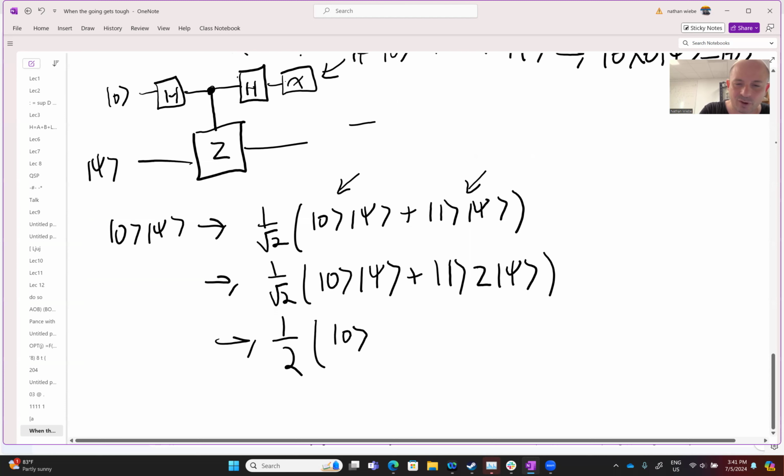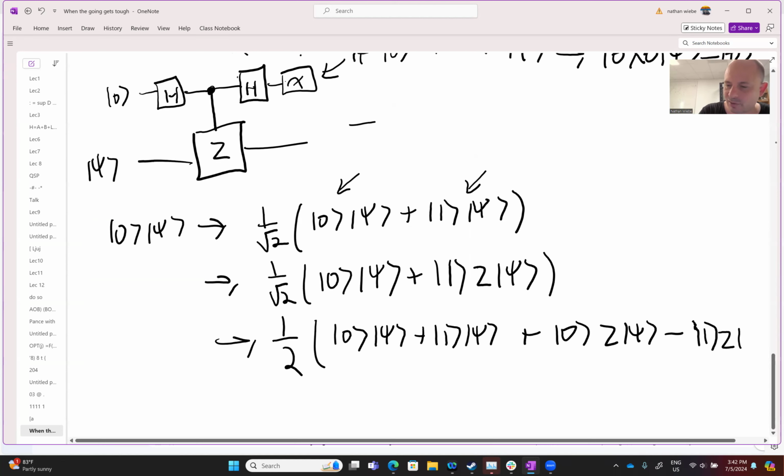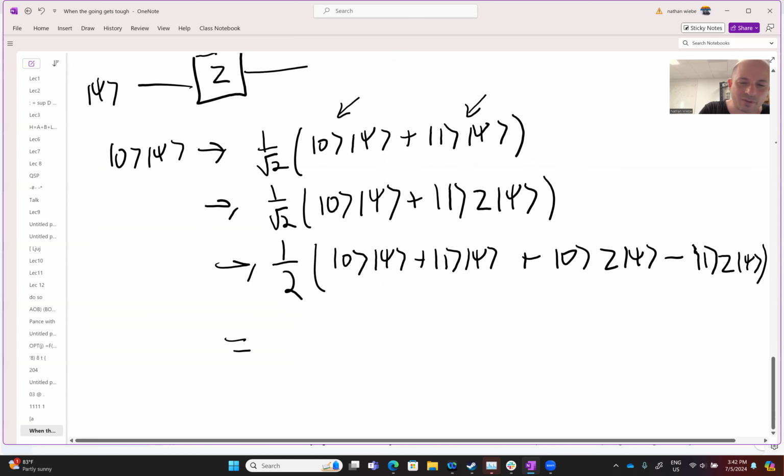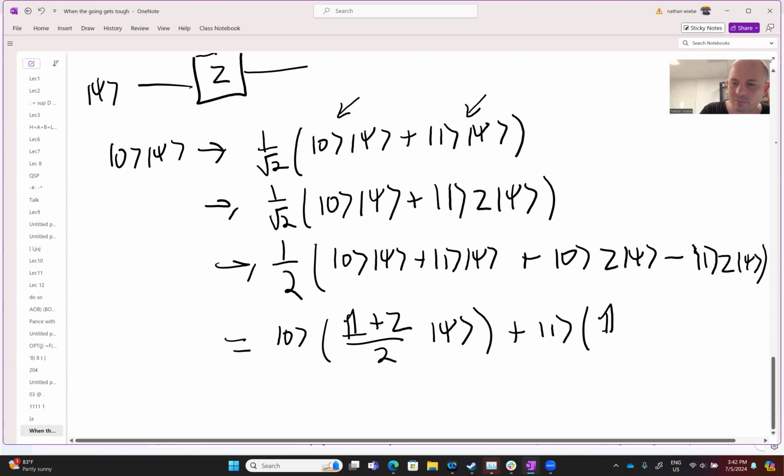We'll have |0⟩|psi⟩ plus |1⟩|psi⟩ plus |0⟩Z|psi⟩ minus |1⟩Z|psi⟩. Okay, regrouping everything, we end up getting that this is |0⟩ (identity plus Z)/2 |psi⟩. And the other one is |1⟩ (identity minus Z)/2 |psi⟩.